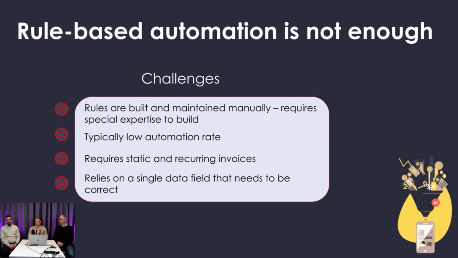A typical example is that a non-PO invoice comes in, and if for this vendor an invoice contains the words flight expenses or rents, then based on the configuration table the system uses a certain GL account and a certain cost center for the invoice. So no intelligent automation, it's purely based on values in the configuration table. And again, someone needs to implement that, and it's very static, it's very stiff.